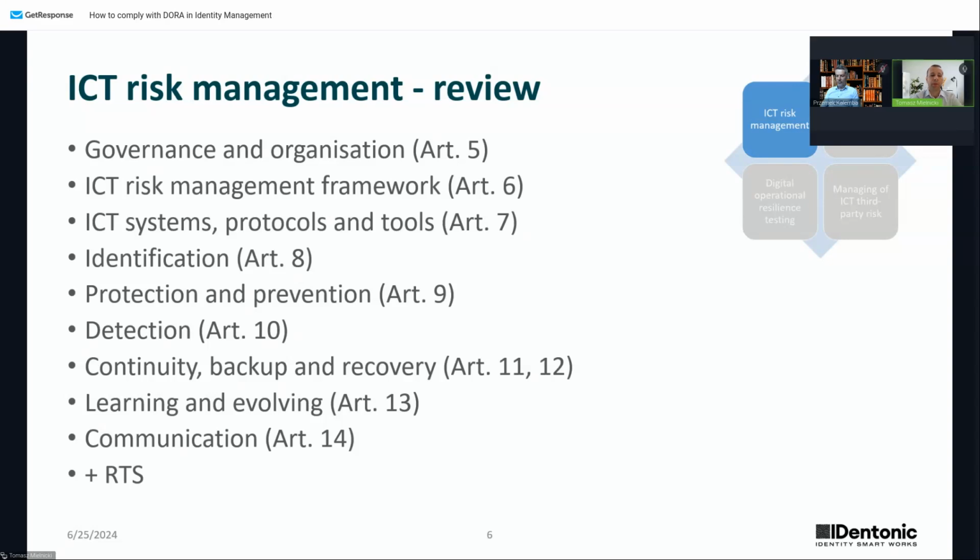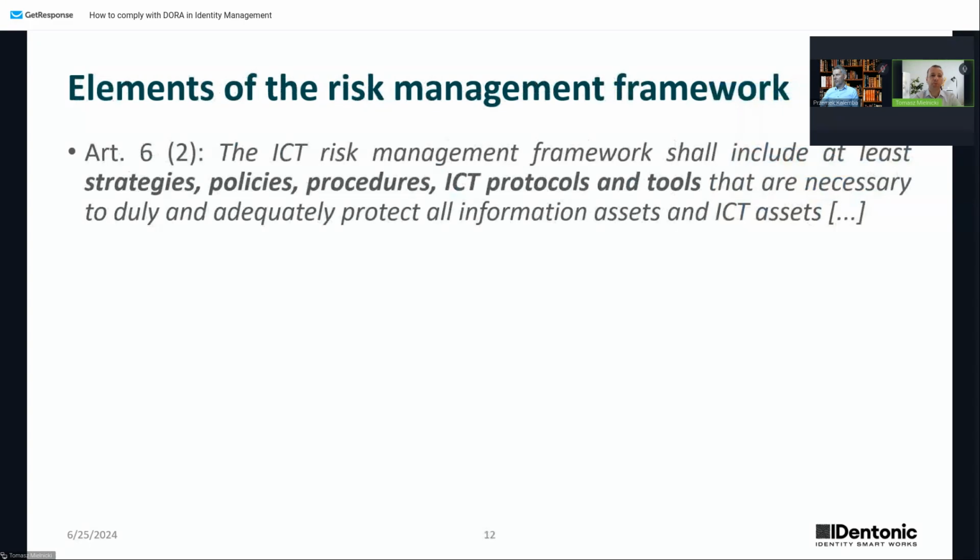And then there are the implementing acts called RTS or ITS, which in our case is the RTS on the risk management framework, which provides detailed information and detailed requirements on how to manage the risk, including identity management and access control. So Article 6 explains what the ICT risk management framework includes. It says strategies, policies, procedures, ICT protocols, and tools.